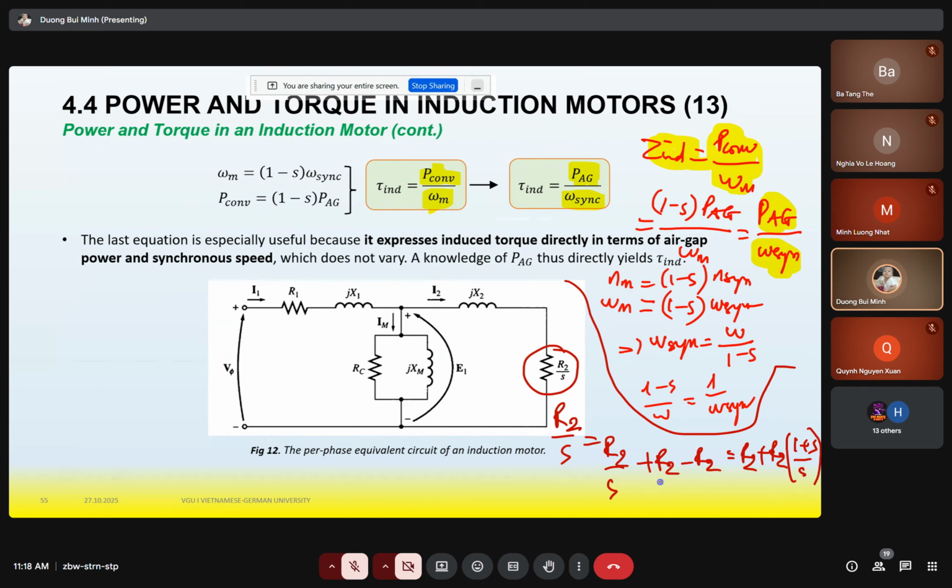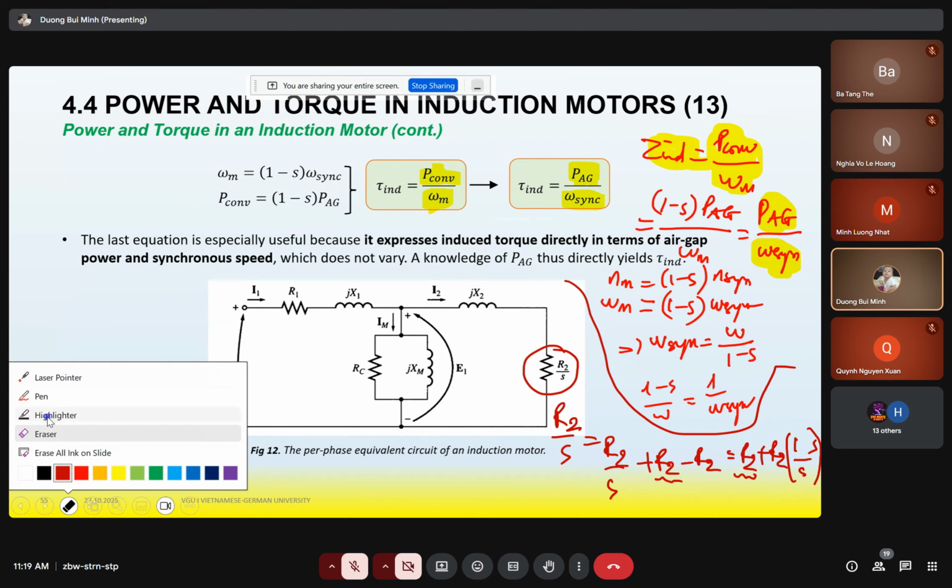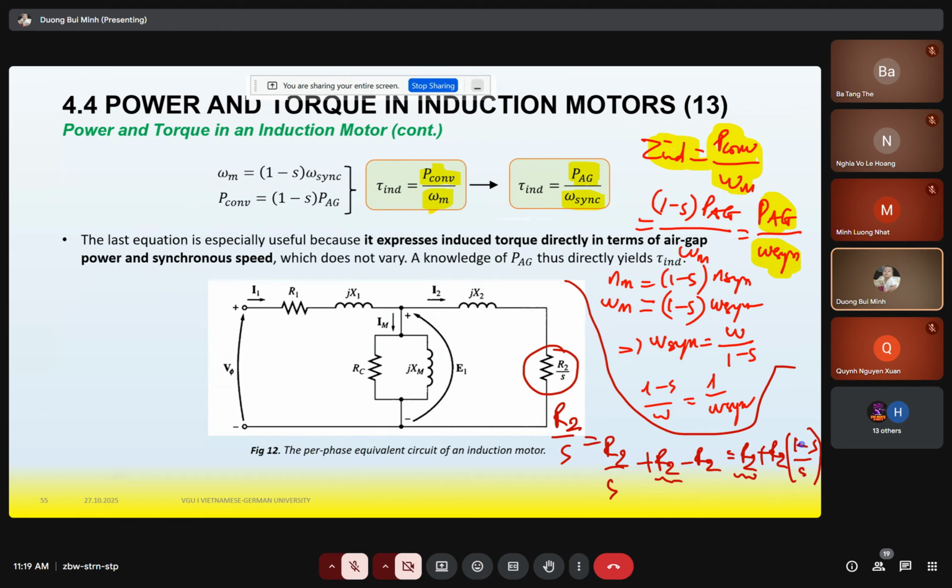Okay, I take R2 here, minus. Yeah. So now if we have R2 over S, now it becomes R2 plus R2 times (1 minus S) over S.